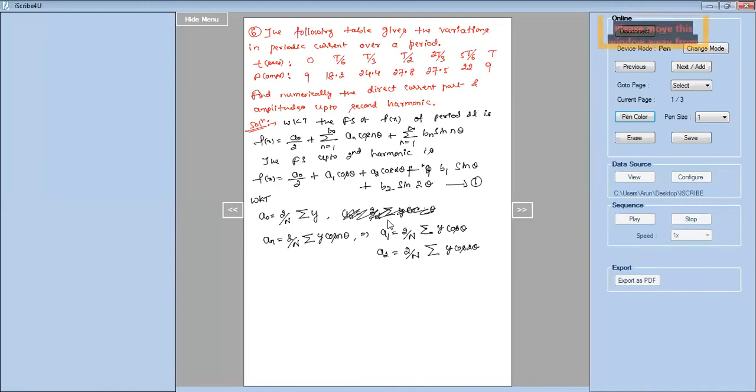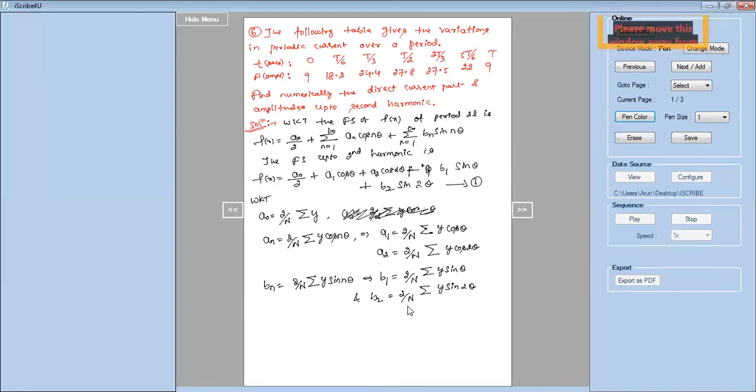Now similarly, the formula for bn is 2 by cap letter N into sigma y sin n theta. So b1 equals 2 by cap letter N into sigma y sin theta, and b2 equals 2 by cap letter N into sigma y sin 2 theta. Right? So the formulas for a0, a1, a2, b1, b2 were written.